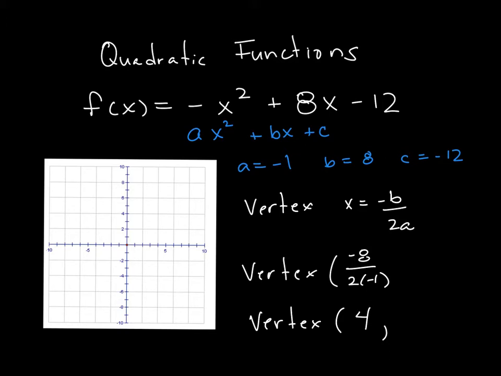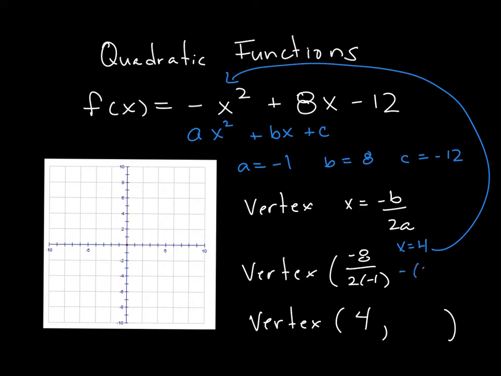Now, how do you find the y value of the vertex? The same way that you would for any equation. You want to go ahead and plug x is equal to 4 into the original function. So watch your signs.